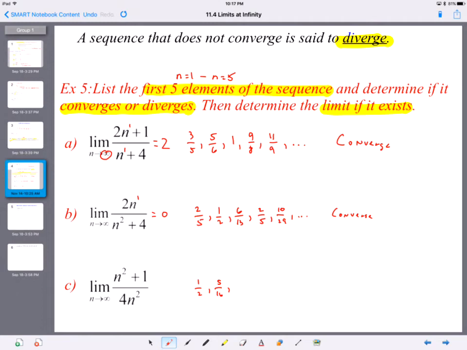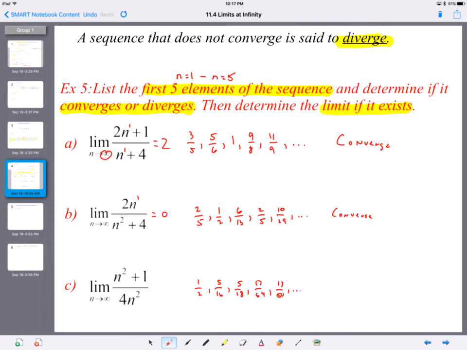On the next one, if we plug in 3, we get 10/36, which could be reduced by 2, so that'd be 5/18. And on the next one, I think we get 17/64. And then the last one, if we plug in 5, we'll get 26/100, which can be reduced to 13/50.